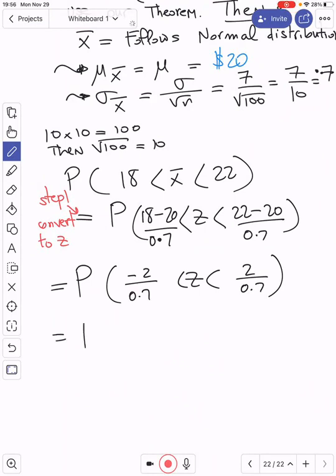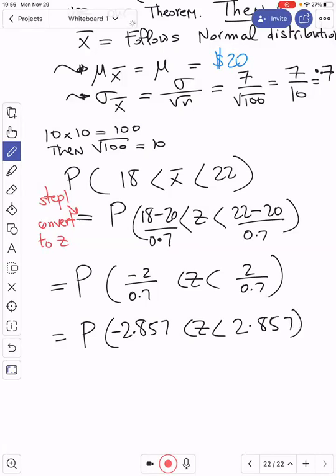So that's the probability that your Z is between -2 over 0.7, I think it's negative 2.857, and 2 over 0.7, that's +2.857.